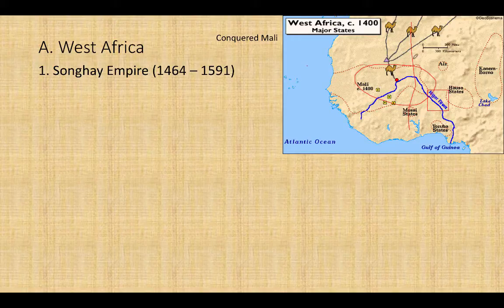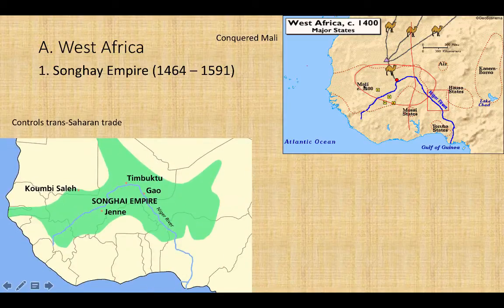The trade-based kingdoms would be the middleman between the Muslims who want all these slaves, gold, and ivory, and the people down here who want European or Muslim finished goods. And so we had Ghana and Mali in period 3, and then we finished up with Songhai. So the Songhai is just a continuation of this pattern of West African trade-based kingdoms.